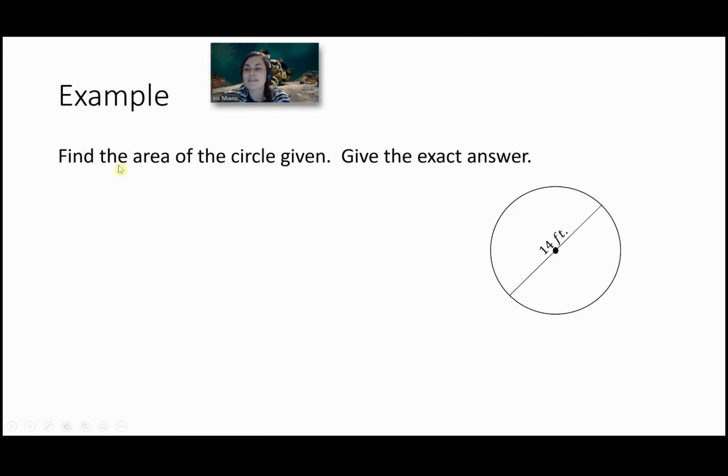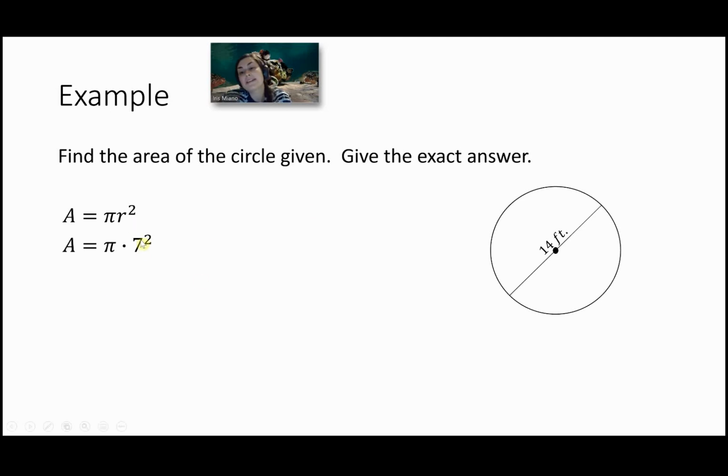Let's say we were asked to find the area of the circle given. We want to give an exact answer. Notice that the diameter value is given to you, so it's your job, referencing the area formula, to find the radius. Well, if the diameter is 14 feet, how long is that radius? 7 feet, right? Just cut it in half. Cut that diameter value in half, and you have the radius.